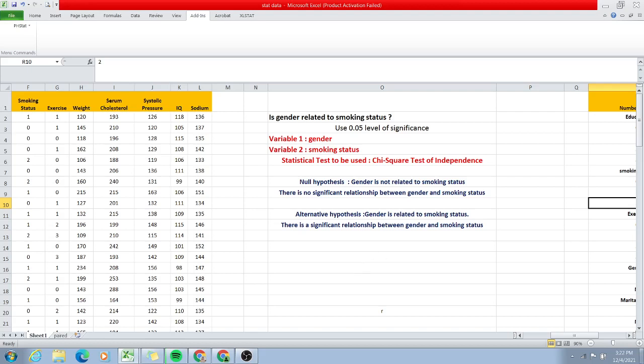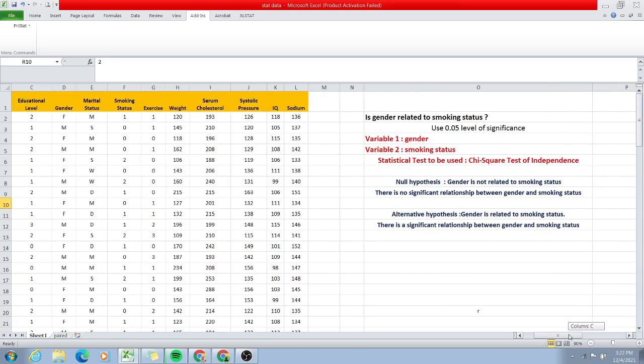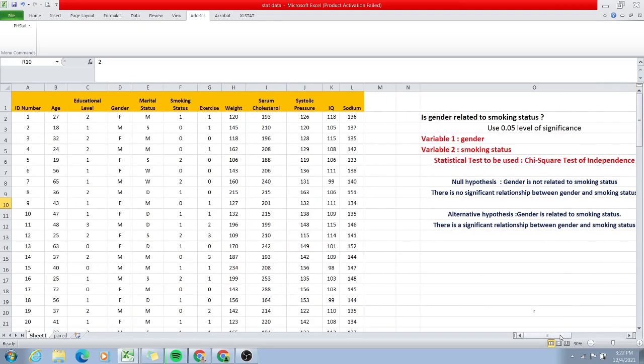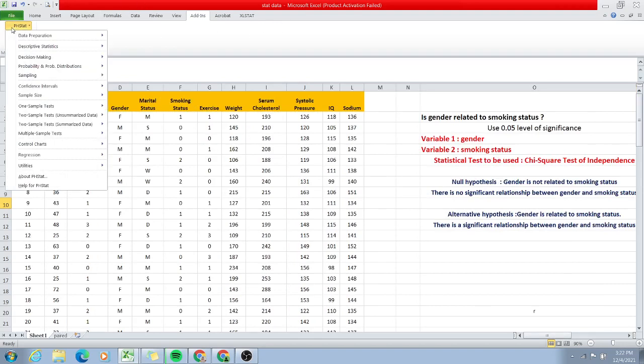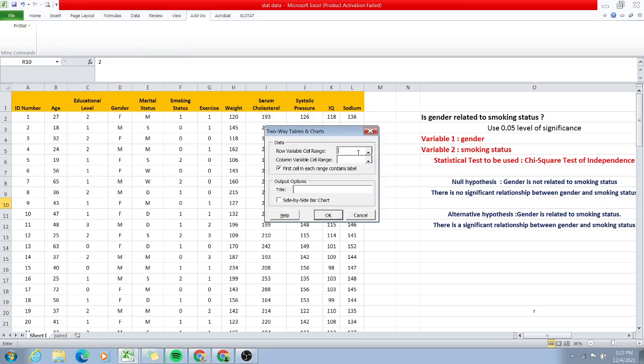Now, after stating the null and the alternative hypothesis, we will construct the contingency table, because in chi-square you have to construct the contingency table first. So go to add-ins, PHSTAT, then descriptive statistics, and then two-way tables.